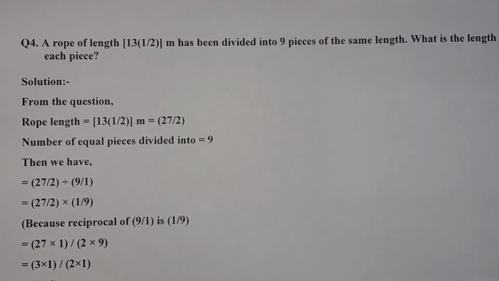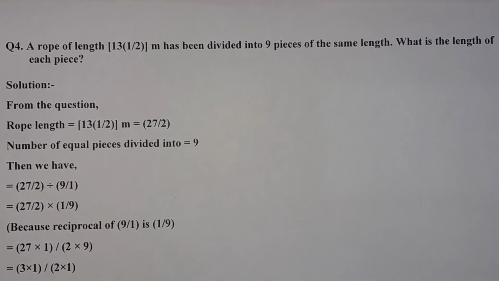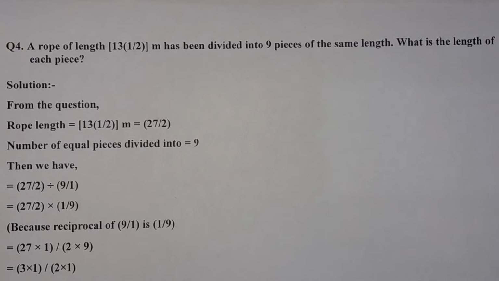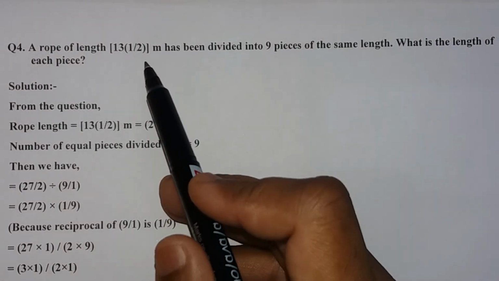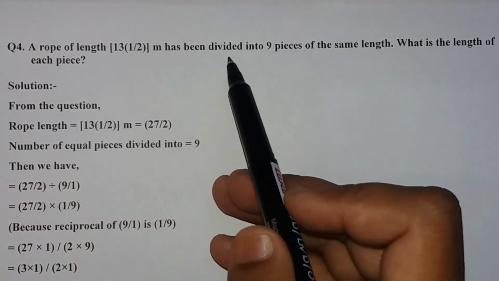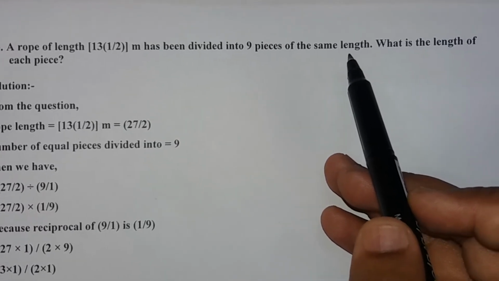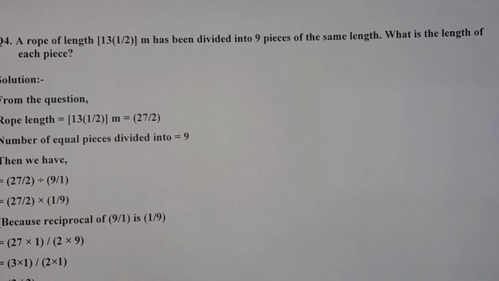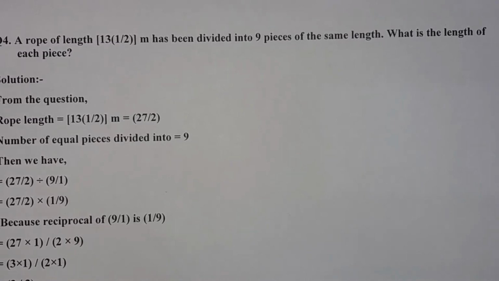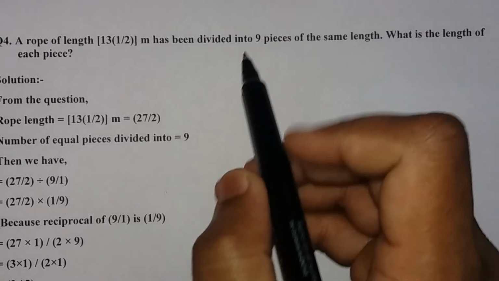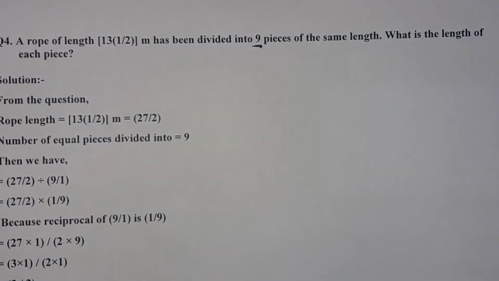Now here we are having some word problems. So in question number 4, a rope of length 13 whole 1 upon 2 meter has been divided into 9 pieces of the same length. What is the length of each piece? That means we have one rope and the total length of that rope is 13 whole 1 upon 2 meter, and we have to divide it into 9 equal parts.